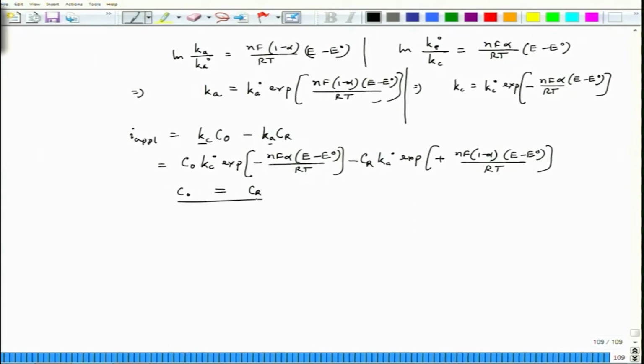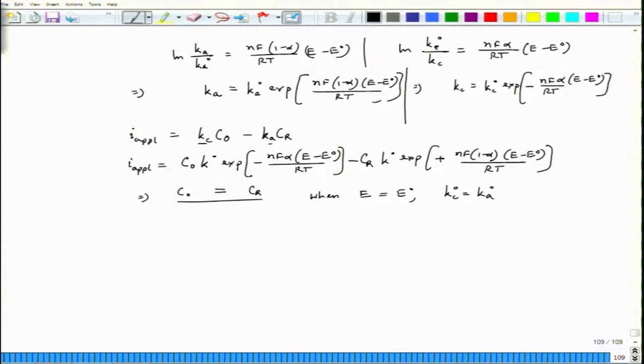So, if we have this situation, then of course, when E equal to E0, Kc equal to Ka0, this is the condition. Then I can replace this C part on both the sides, it will be simply K0. This is the new formula I am getting.